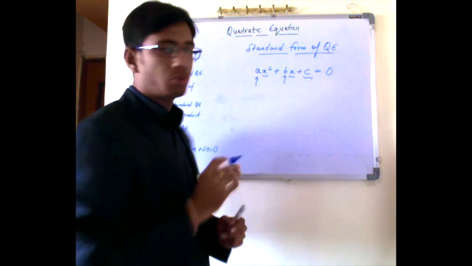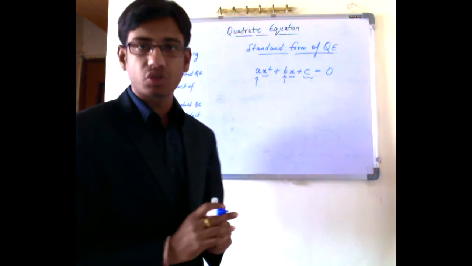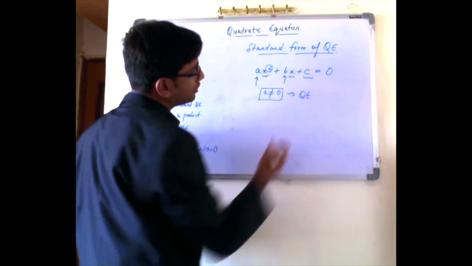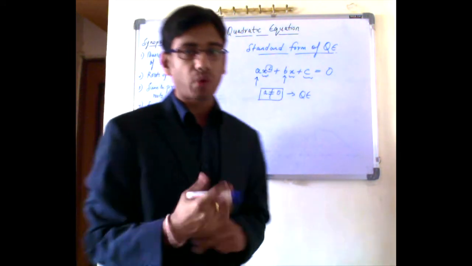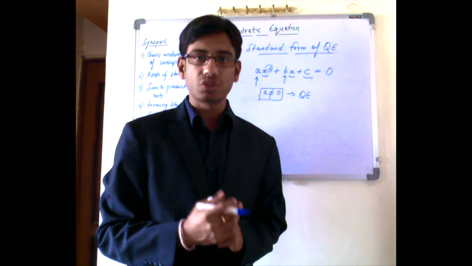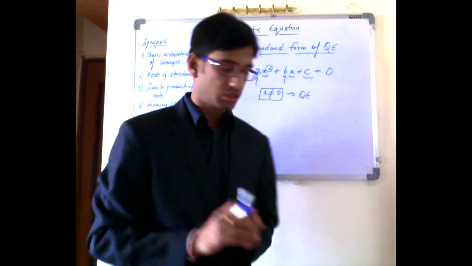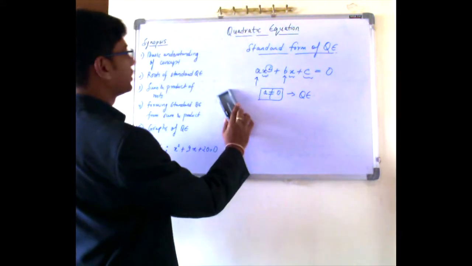It will only be a quadratic equation if a is not equal to 0. So any equation where the coefficient of the squared term is not equal to 0 is a quadratic equation. Here we understand what the basics of a quadratic equation are.